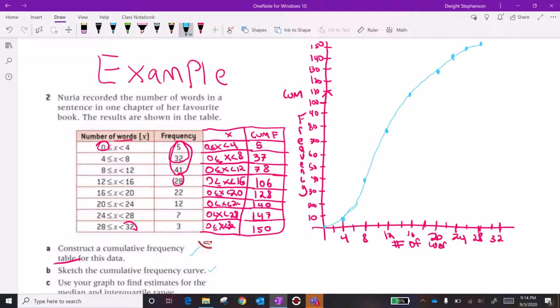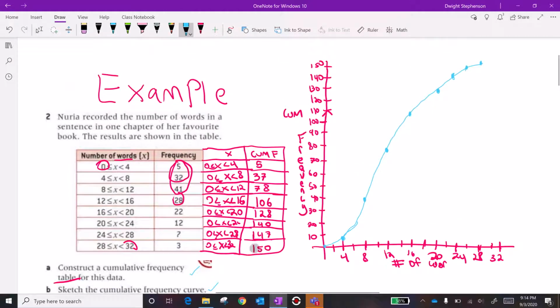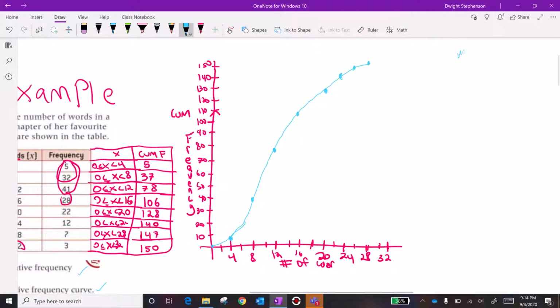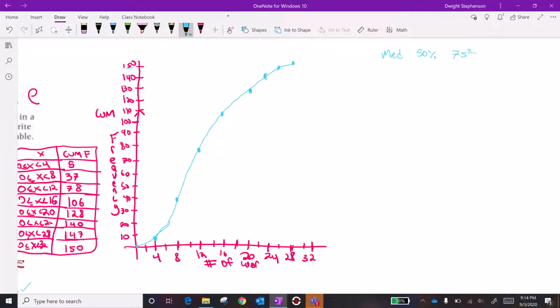So we did that. Use your graphs to find estimates for the median and interquartile range. So the median is going to occur at the 50th percentile, right? It's going to occur where 50% of the data is. For that, we need to look at our cumulative data. There's 150 total pieces of data, so it's going to occur at the 75th number. I'll go in here, I find 75, which is here.